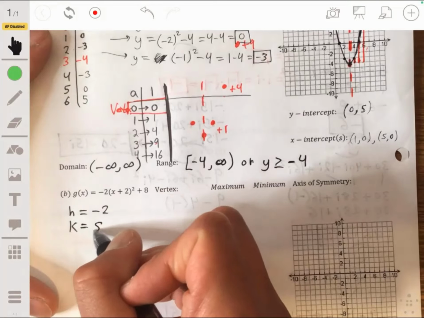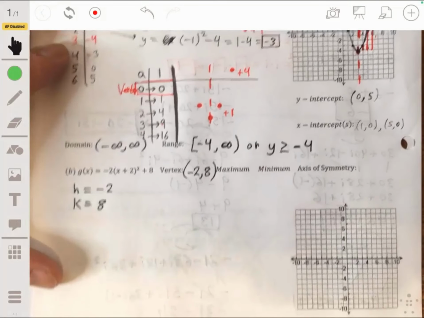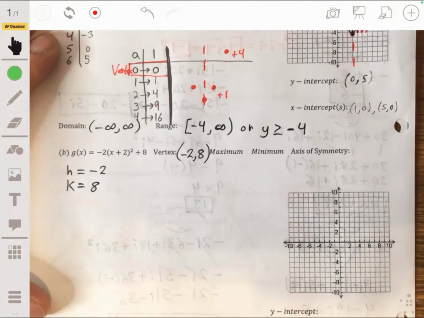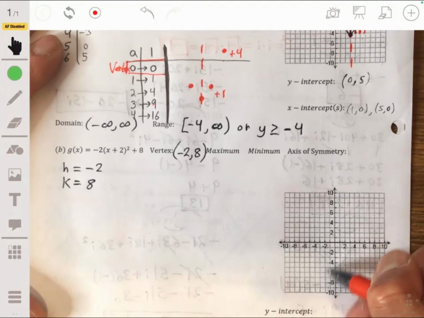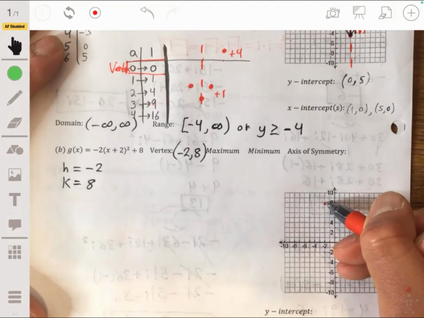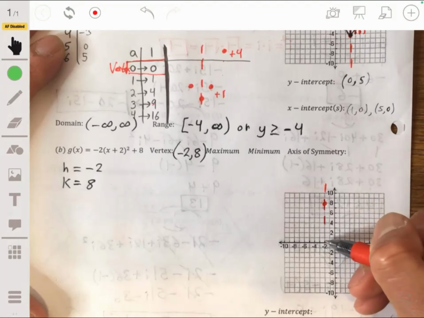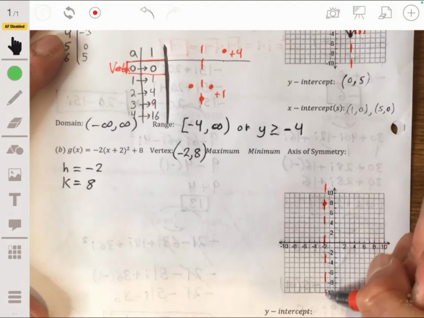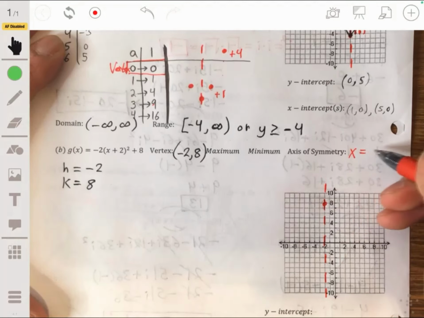K is 8. So the vertex will be at -2, 8. So put in the vertex, -2, 8. Drawing our line of symmetry, we're going to have something like this. So our line of symmetry will be x is equal to -2.